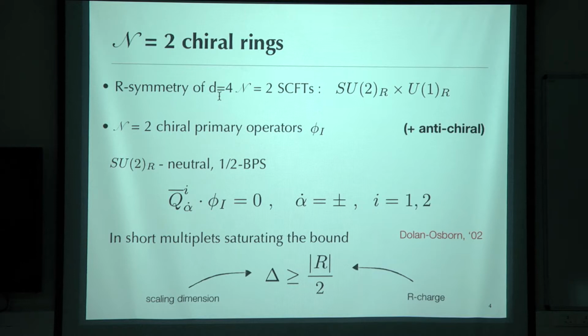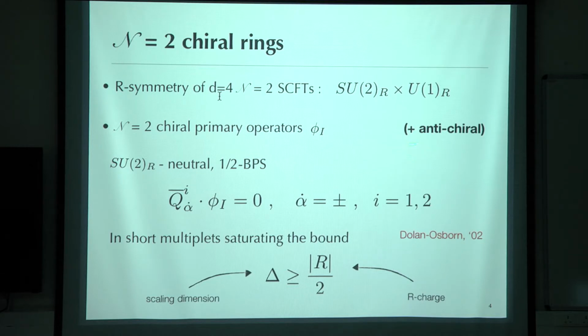They are superconformal primaries. They are neutral under the SU(2), and they are half-BPS in the sense that they are annihilated by half the set of real supercharges. So they are annihilated by the 4 Q bars, but we can act on them with the 4 Qs.